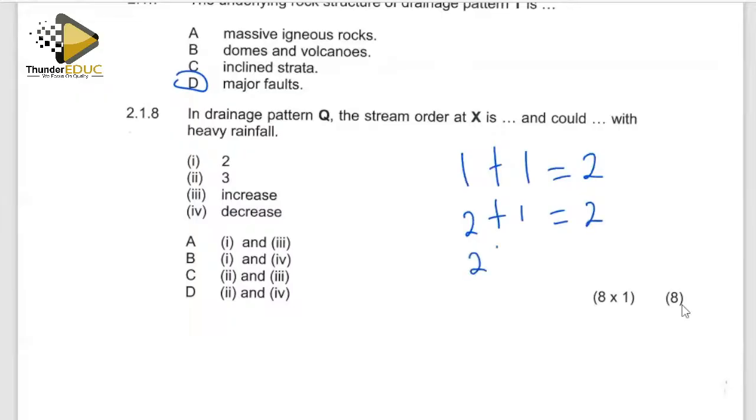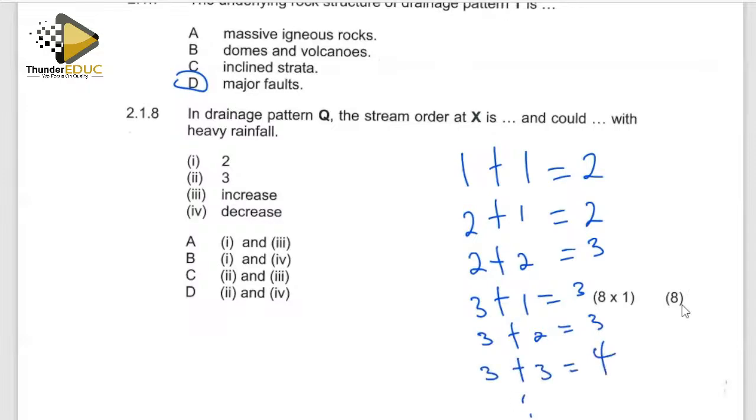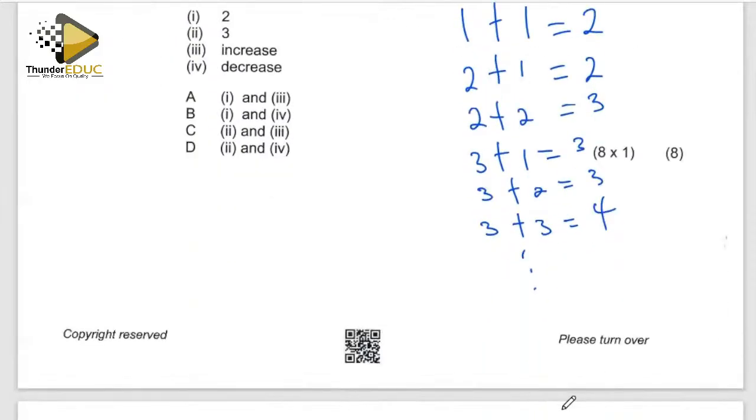Then if we have stream number 2 combining with stream number 2, the order goes to third level. Then if we have 3 plus 1, it maintains 3. If we have 3 plus 2, it maintains 3. If we have 3 plus 3, it goes to the next order 4. And the ranking goes like that. That is how we do stream ordering.